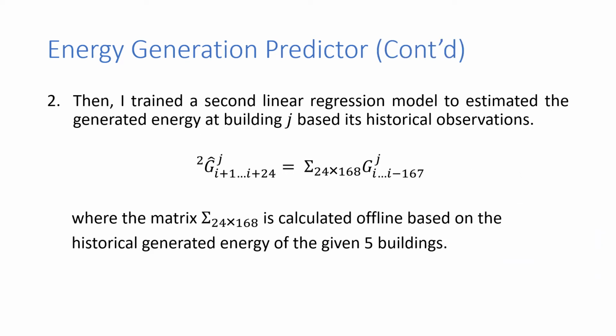Then I trained a second linear regression model to estimate the generated energy at building J based on its historical observation, where the matrix sigma is calculated offline based on the historical generated energy for the given 5 buildings.